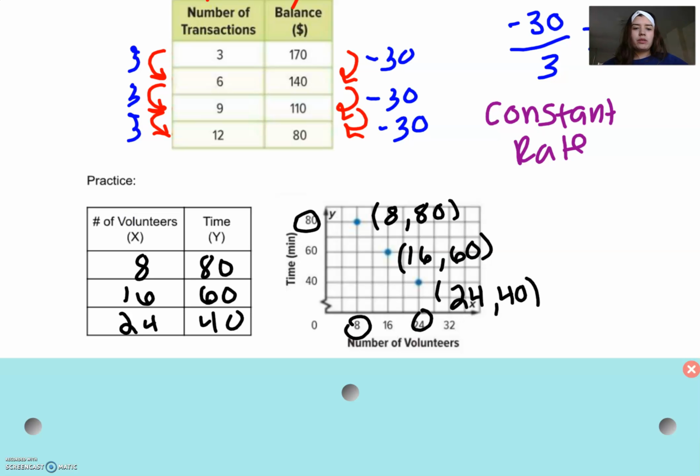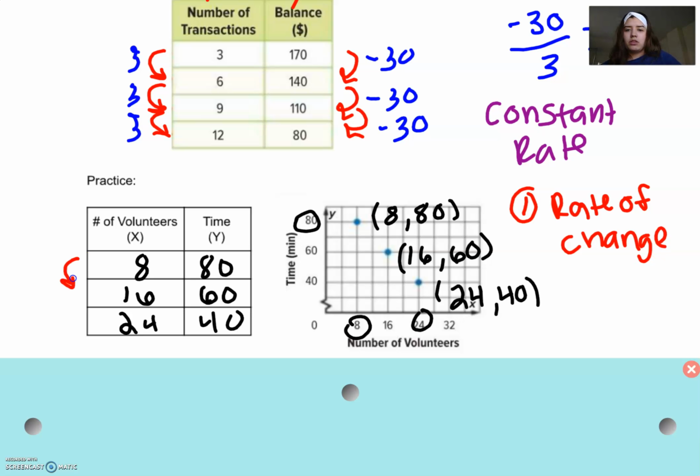Okay, now I'm going to give you guys a moment to find the rate of change. So that is telling me from each x to the next, how does it change, and from each y to the next, how does it change?